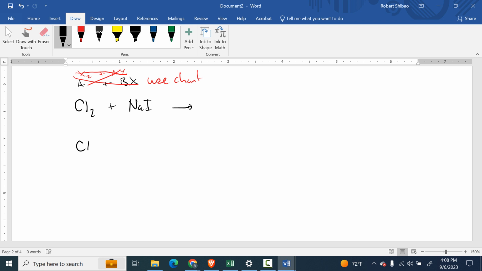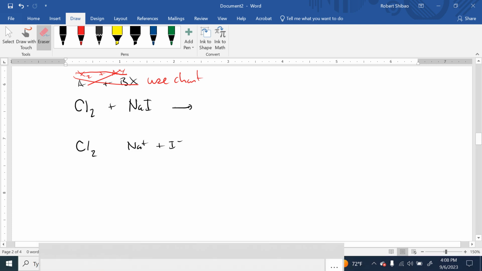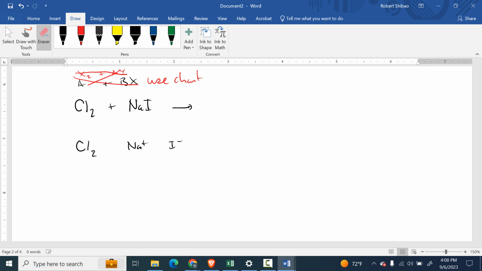It's not a salt because we need a metal or some cation and an anion. And so we just leave it alone. Sodium iodide, break it apart or leave it? Break it. Soluble salt. All sodium salts are soluble. So we have chlorine, we have sodium ions, and we have iodide. Is there anything else I may be missing?